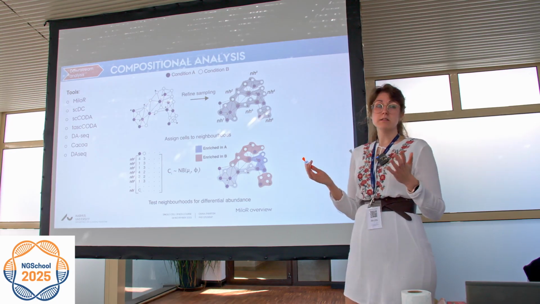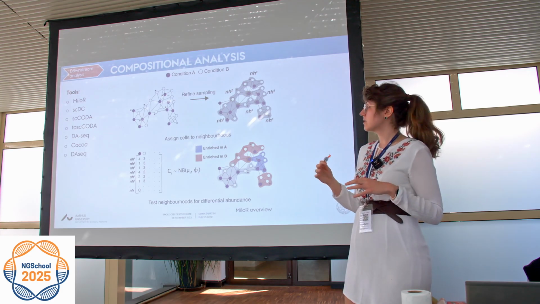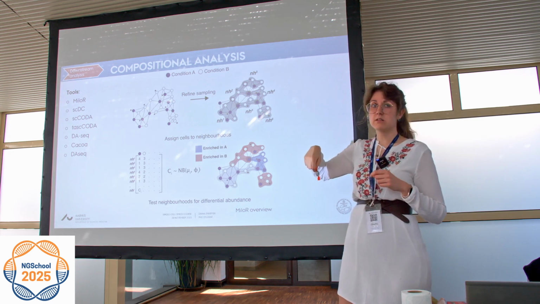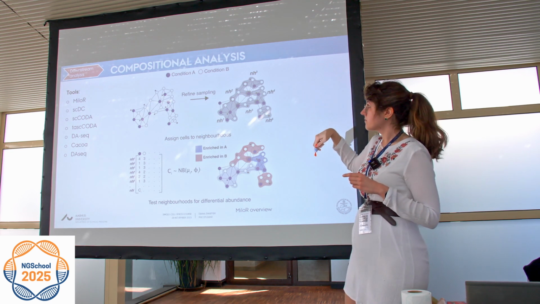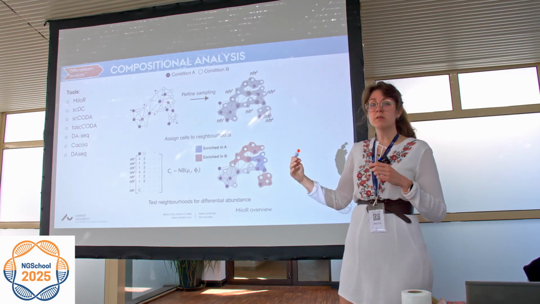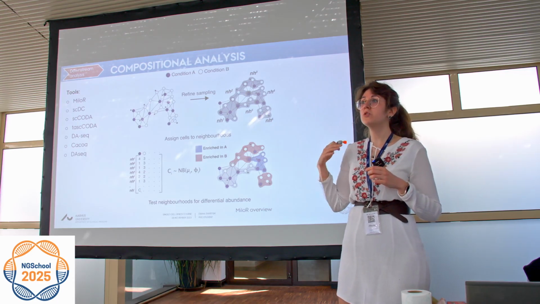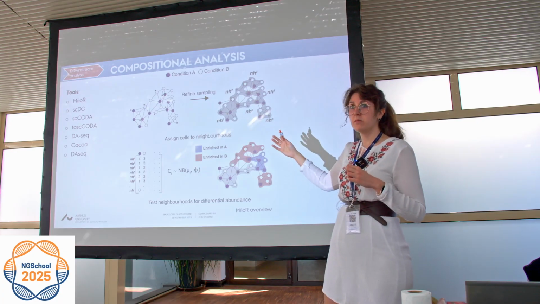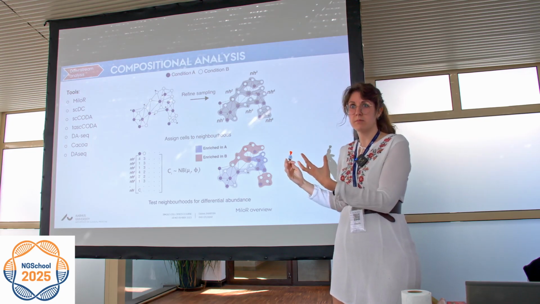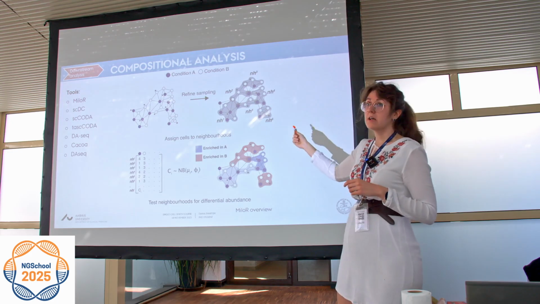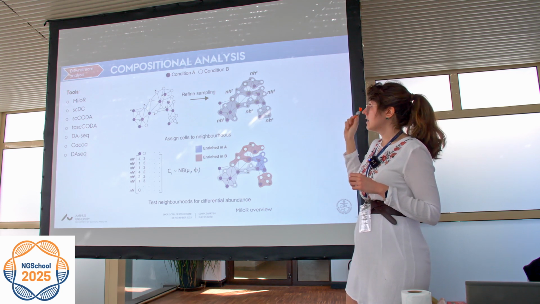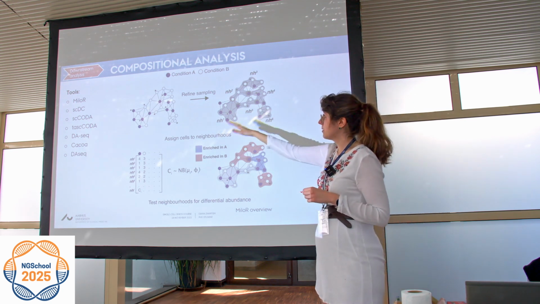If the cells are not that different, they will end up in the same cluster, and while comparing one condition to another in this particular cell type, you will end up having some DEGs. If the effect of your treatment is large enough, it may even produce a new cell type, and you won't compare it within the same cell type because the difference is so big that you ended up having another cell type. So compositional analysis is a must-do, because then you will find differences in cell abundance and new clusters.